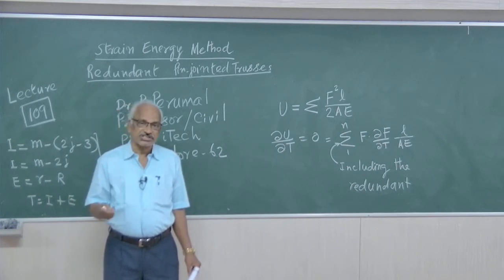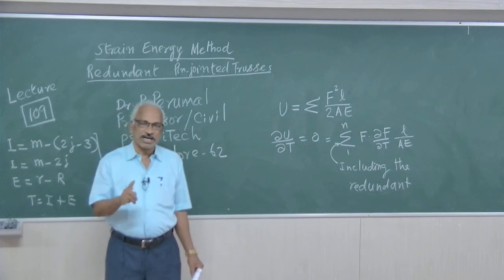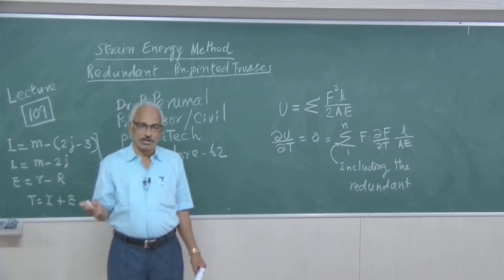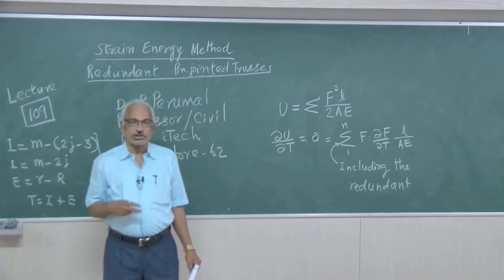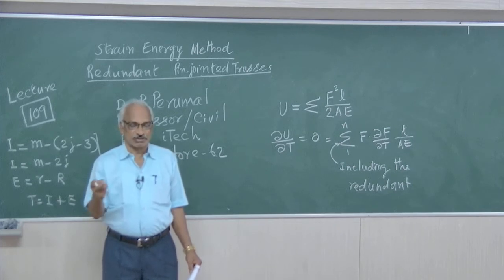If it is a hinge, there will be 2 reactions. If it is a roller, you will have 1 reaction. Depending upon the number of hinges and rollers, suppose there are 6 unknowns, say 2 hinges, 2 into 2, 4 reactions, and 2 rollers, that means 4 plus 2, 6 unknowns.